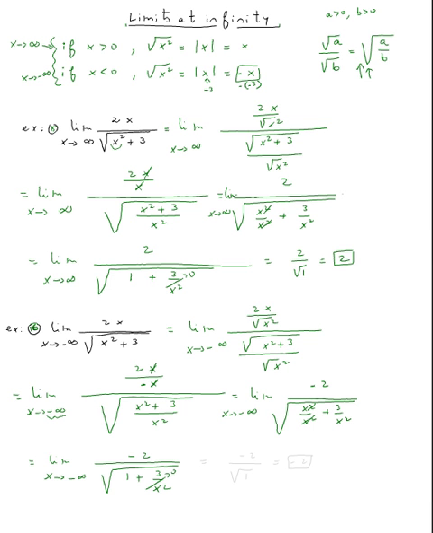This goes to 0. And you get minus 2 over the square root of 1, which is negative 2. See the difference between example 15 and 16? So that's it for this example.